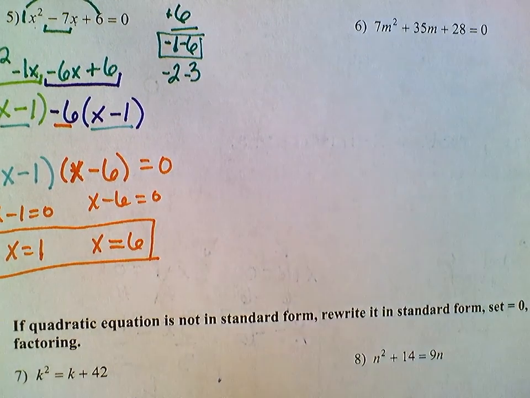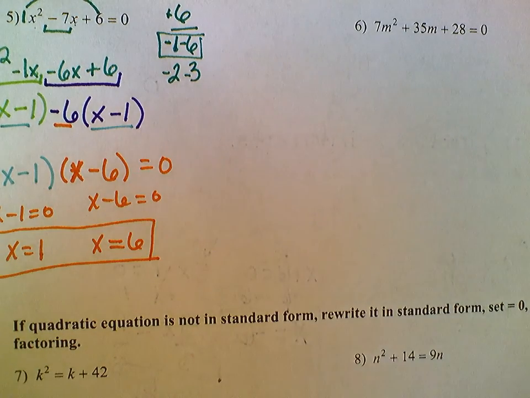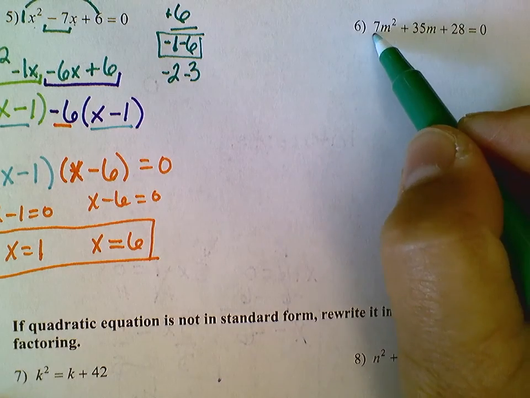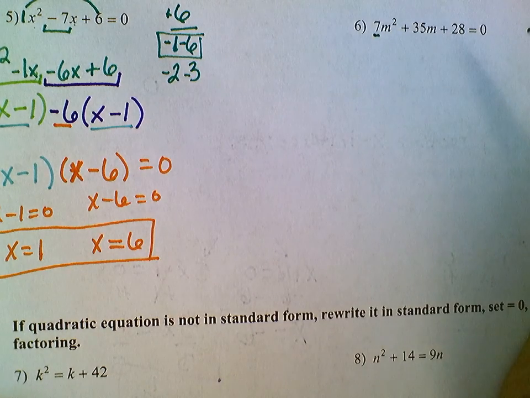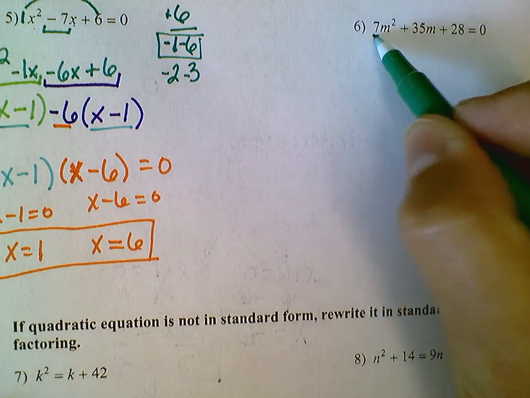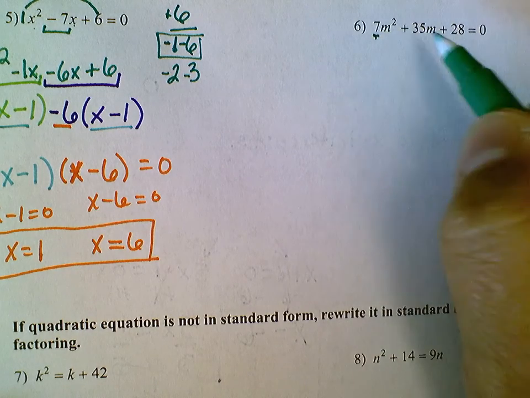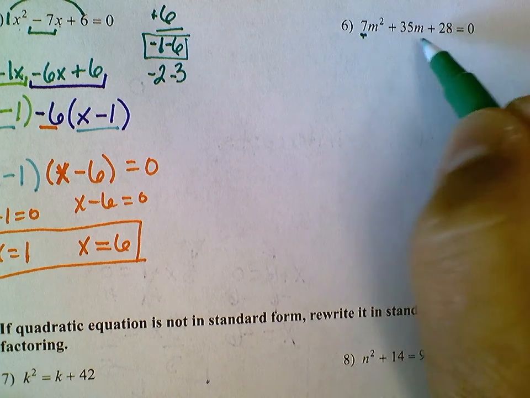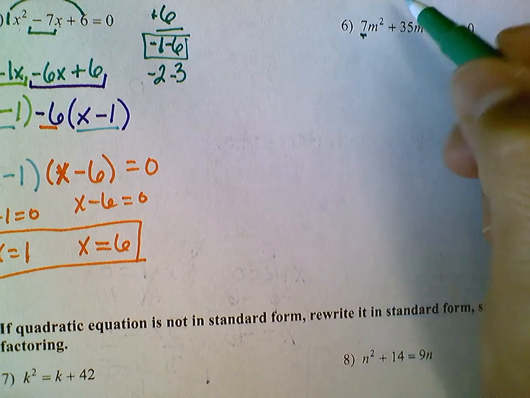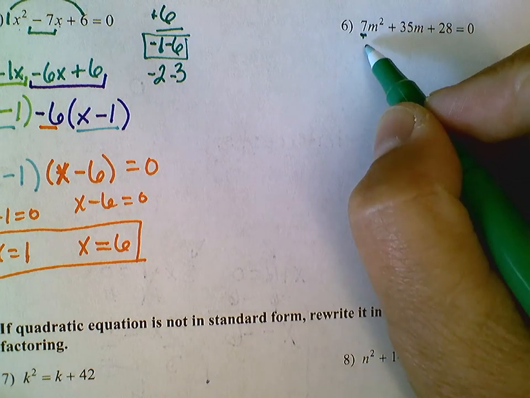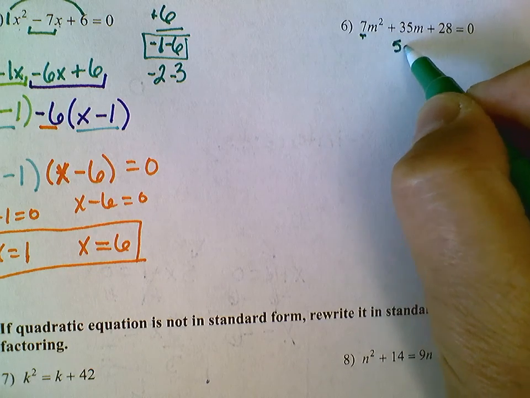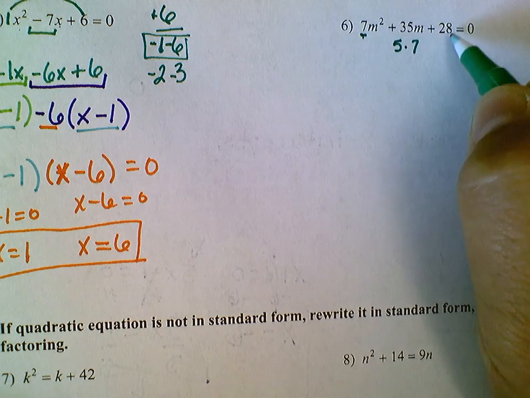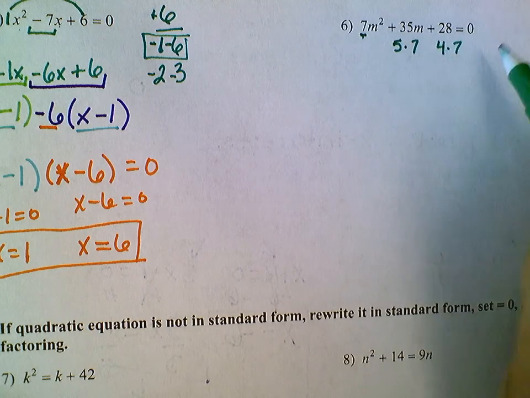When I look at number 6, I see once again that I have an a that is not 1. But I know that 7 divides into 35 5 times and 7 divides into 28 4 times. So I can look at this and know that 7 is my greatest common factor. 5 times 7 is 35. 4 times 7 is 28.